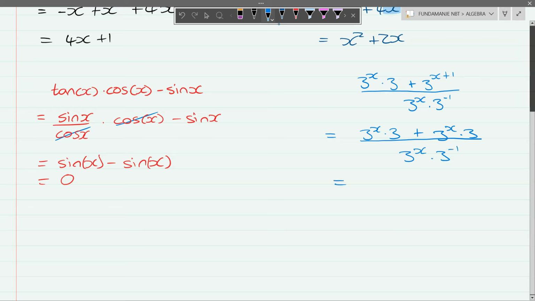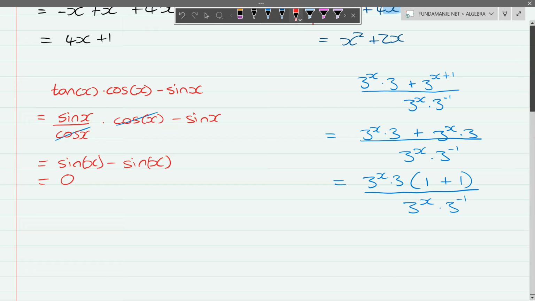Then on top we can factor out 3 to the power of x multiplied by 3. 3 to the power of x multiplied by 3, and here we'll be left with 1, here we'll be left with 1 as well. And we can divide by 3 to the power of x multiplied by 3 to the power of minus 1.